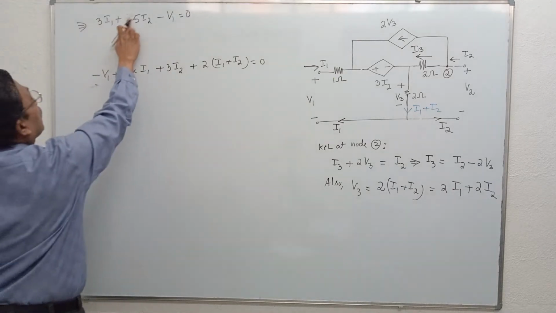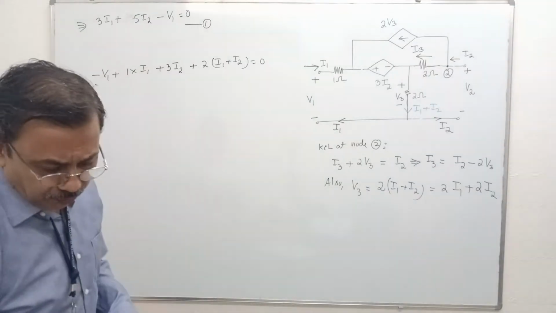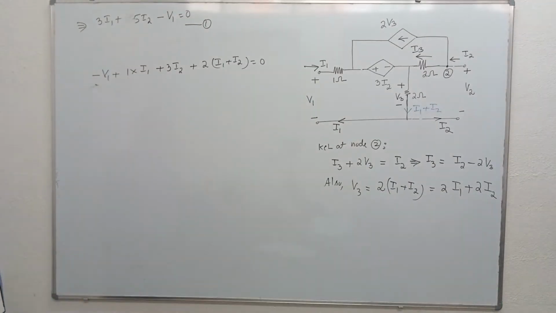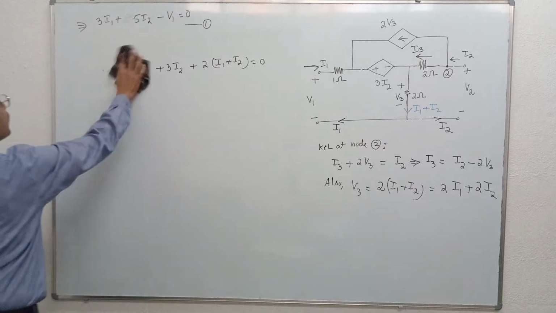This I call equation number 1: 3I1 plus 5I2 minus V1 equal to 0.